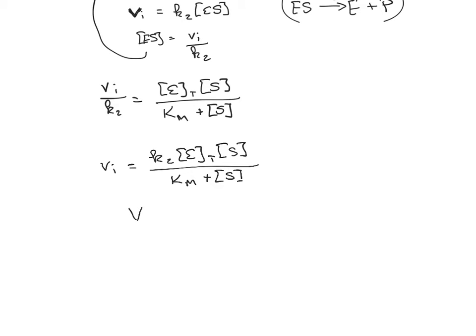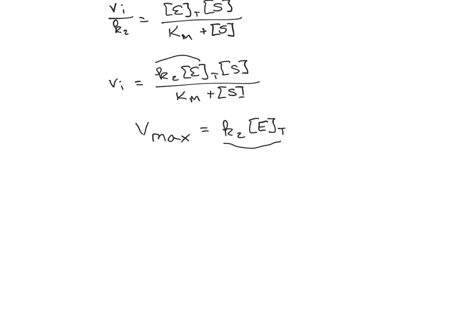And finally, I know that Vmax is determined by the total enzyme concentration and the catalytic step constant, K2 times ET. Well, that is just this.